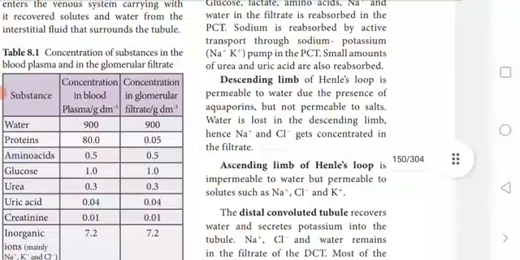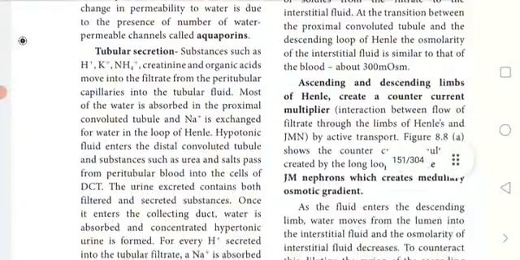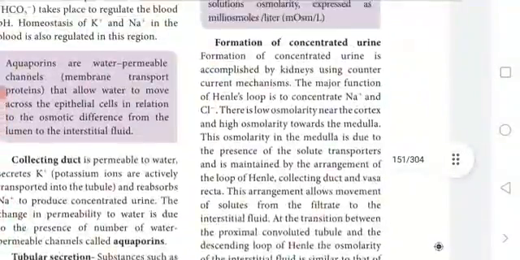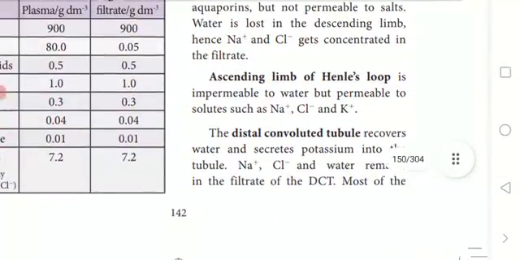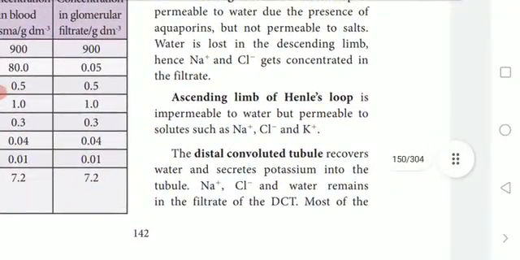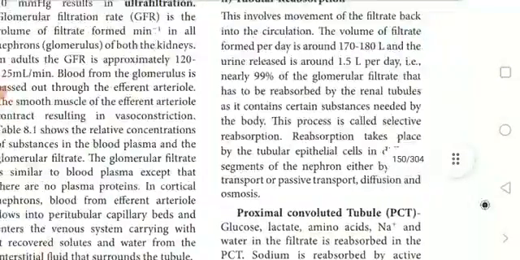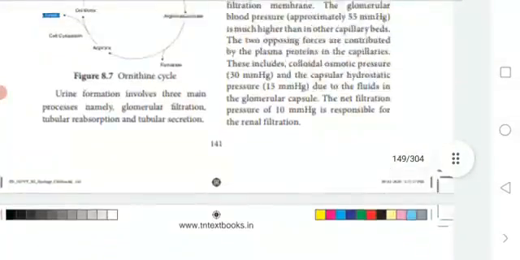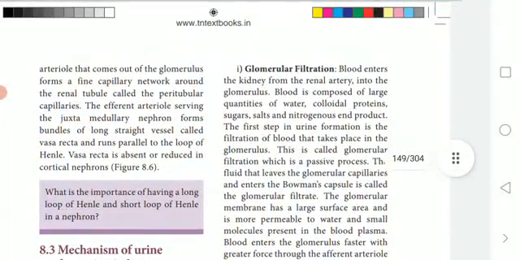Already I have shown you what the cortex and the medulla are. The osmolarity in the medulla is due to the presence of solute transporters and is maintained by the arrangement of the loop of Henle, the collecting ducts and vasa recta. These arrangements allow the movement of solutes from the filtrate to the interstitial fluid.